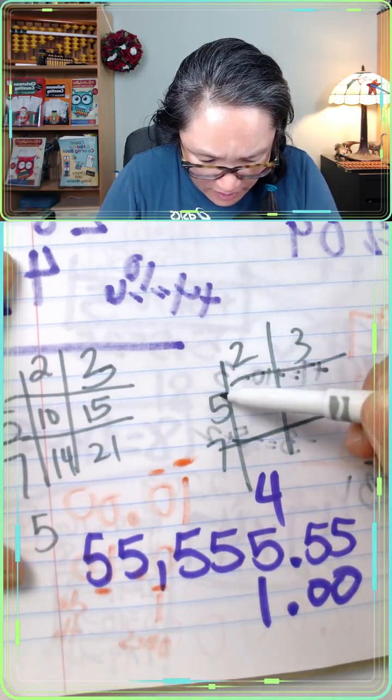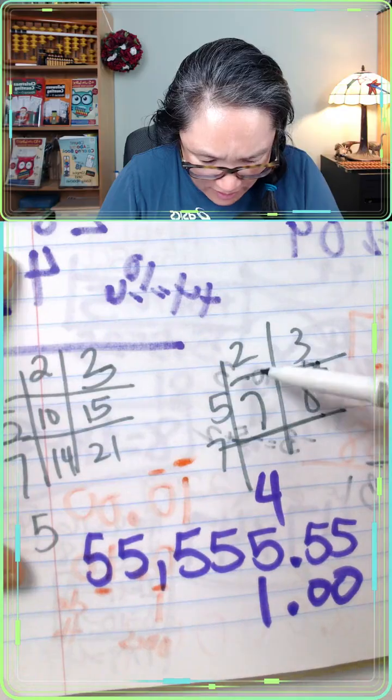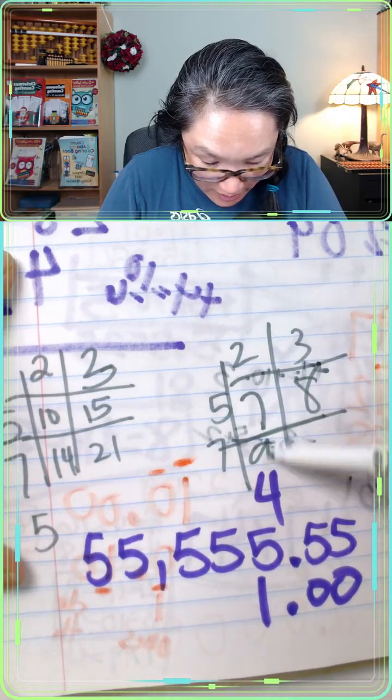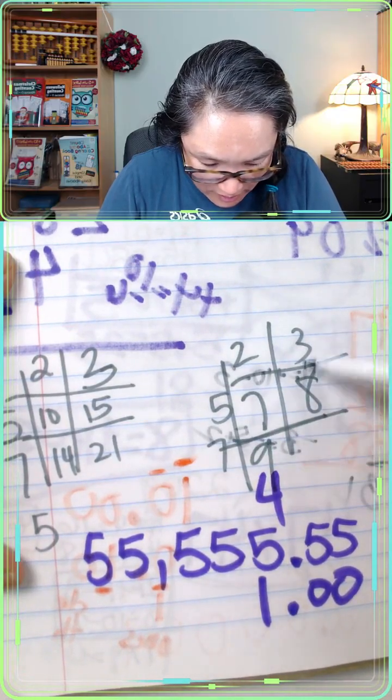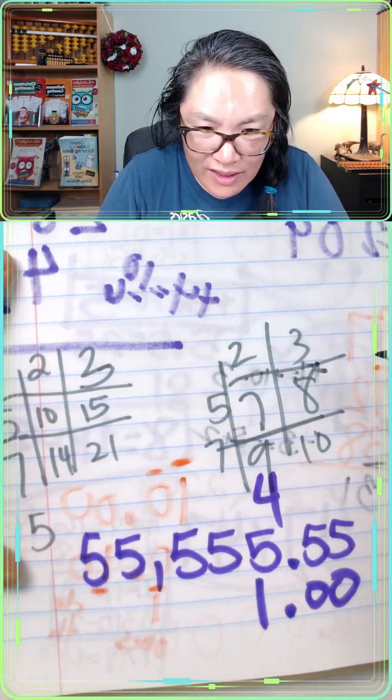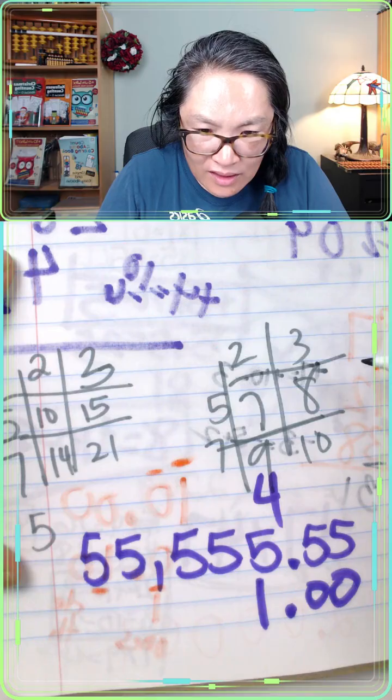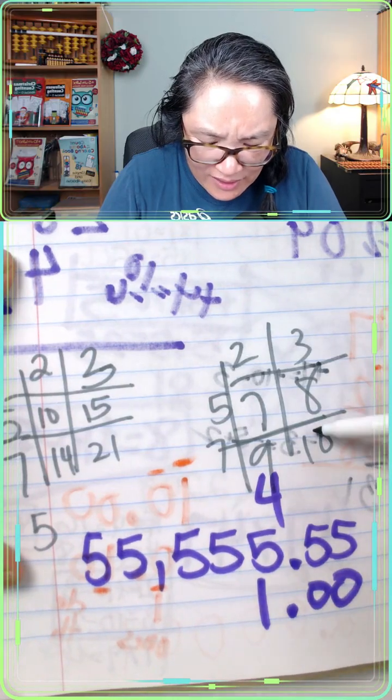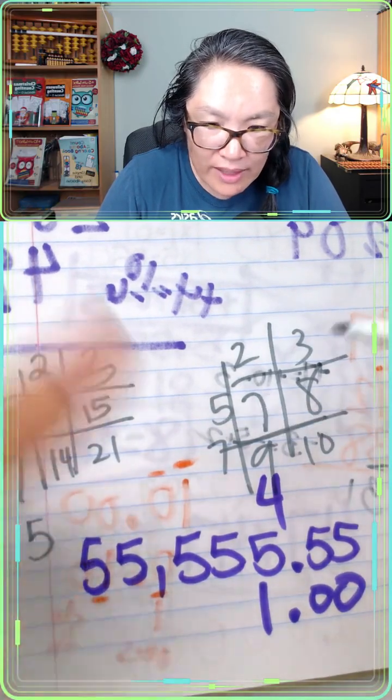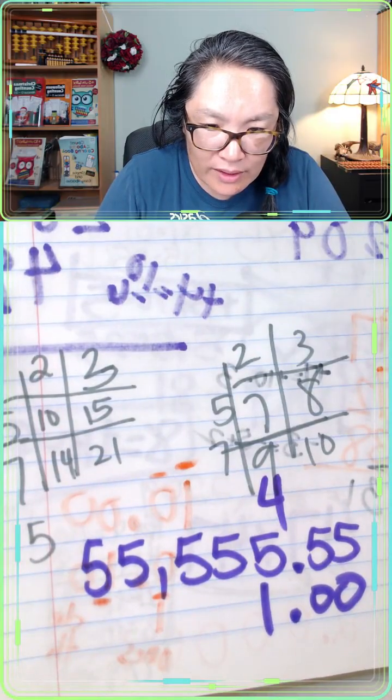So this is 7, this is 8, I don't even know. This is 9, and then this is 10. Something like that. This is what I call new math. The matrix is a set of numbers with brackets.